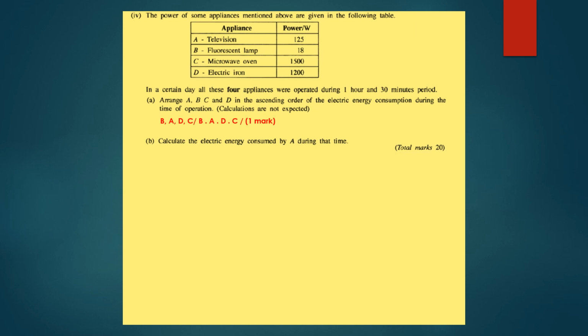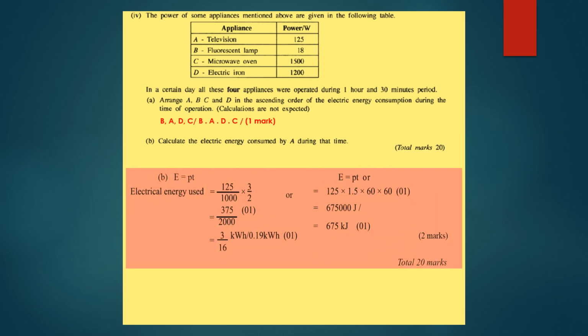B. Calculate the electric energy consumed by A during that time. The time duration is 1 hour and 30 minutes. You have to find the electric energy consumed. Energy equals power times time taken, E equals PT. So you can apply P as 125 in watts, in kilowatts 125 over 1000. Time taken 1 hour and 30 minutes means 3 over 2.